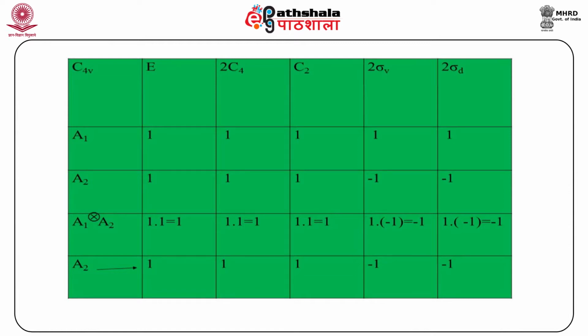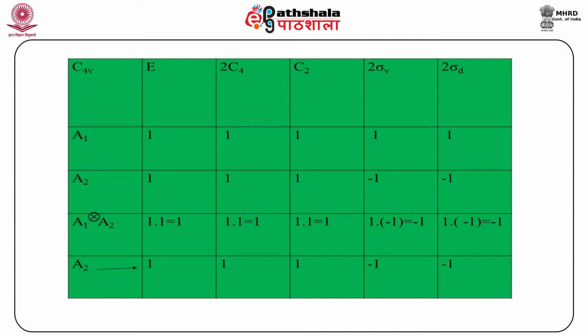Thus the direct product of A1 into A2 gives the characters as 1, 1, 1, minus 1 and minus 1. These characters correspond to A2 irreducible representation, which is also one dimensional in nature.